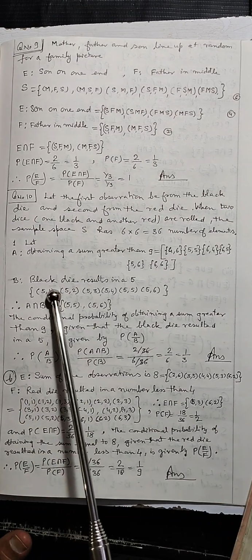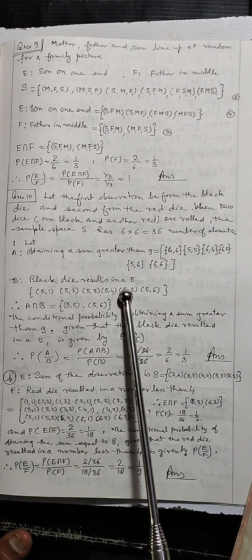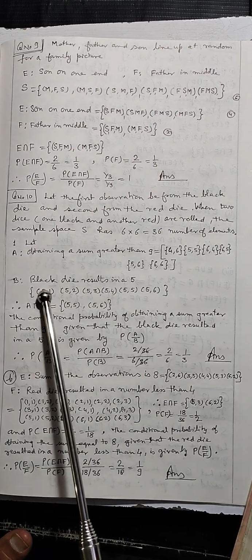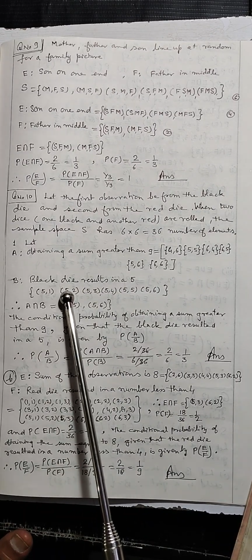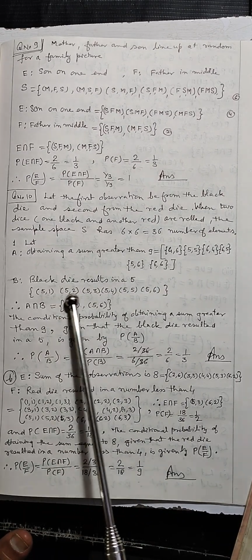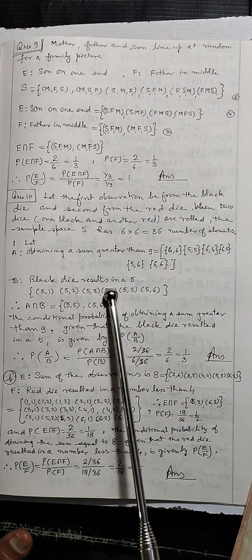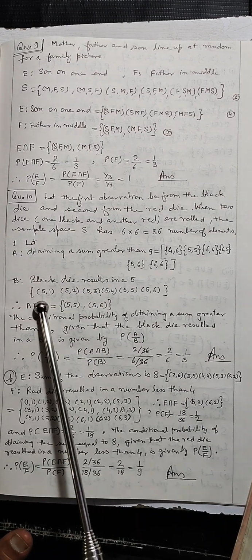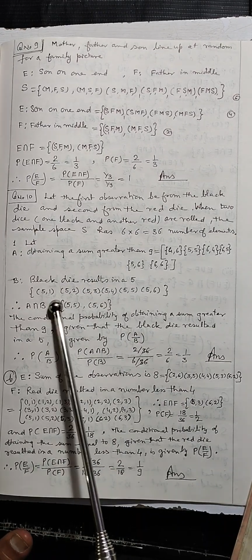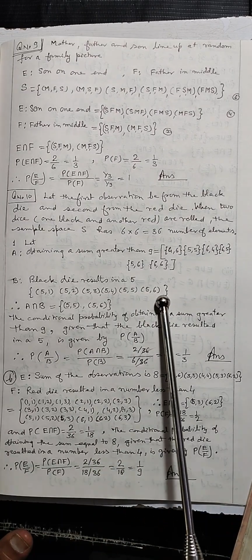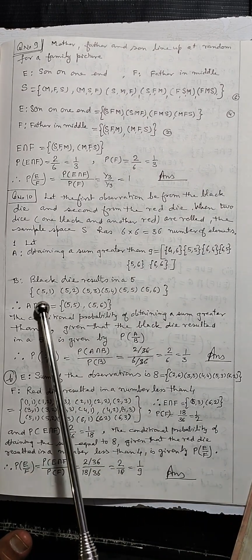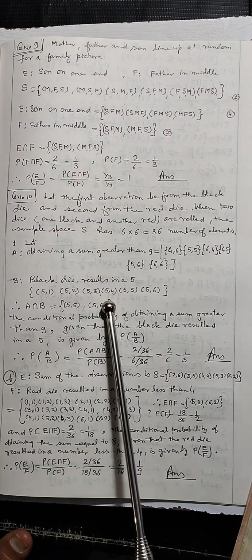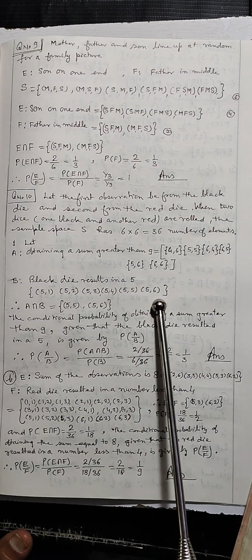Now the B set: the black die results in 5. It means the black die is being observed first. So I have written 5 in the beginning in all pairs: 5, 1; 5, 2; 5, 3; 5, 4; 5, 5; 5, 6.